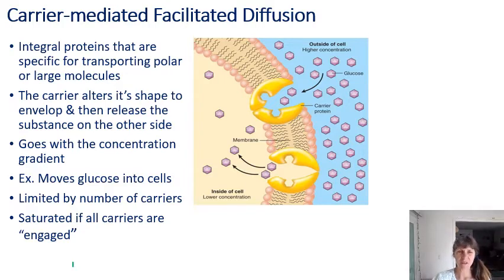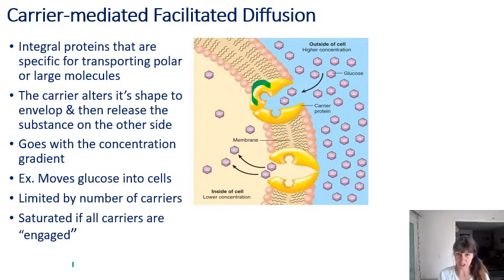The shape of the molecule being transported must fit the shape of the protein, and once the molecules or substances bind with that specific shape, the binding of that substance changes the shape of the protein, which then allows it to be released on the other side.